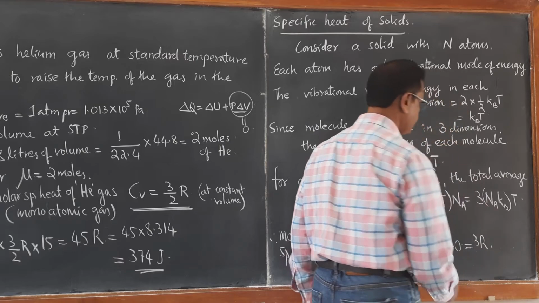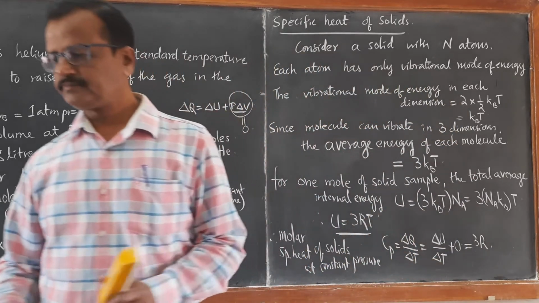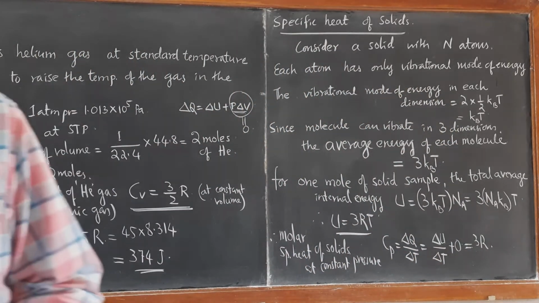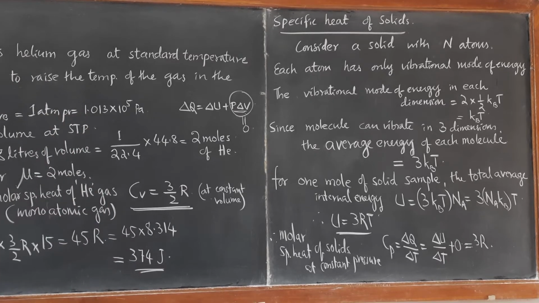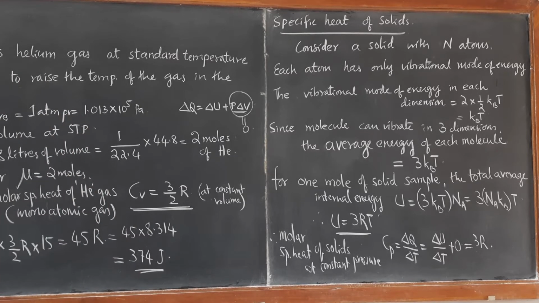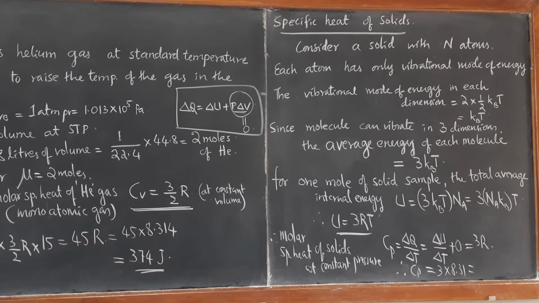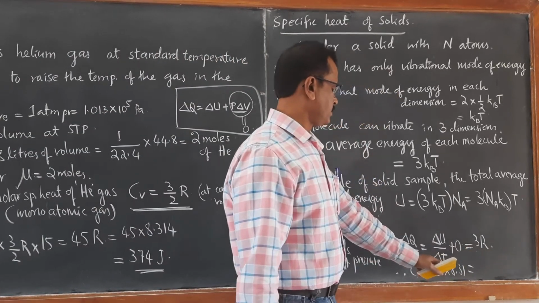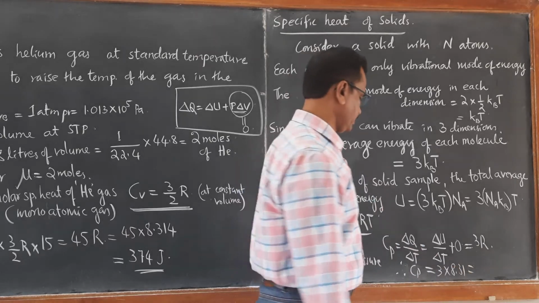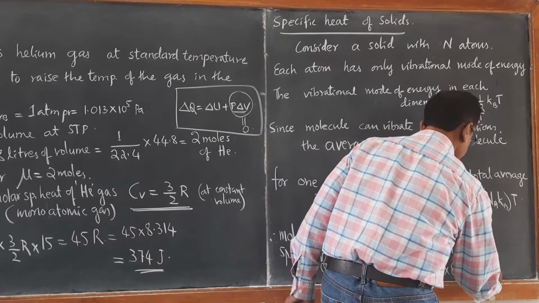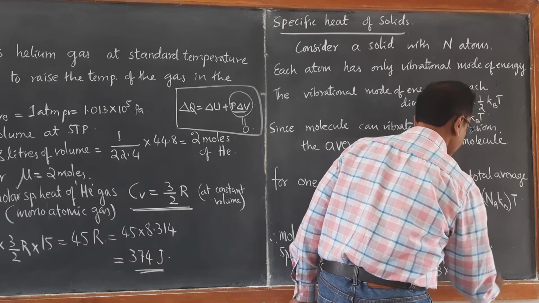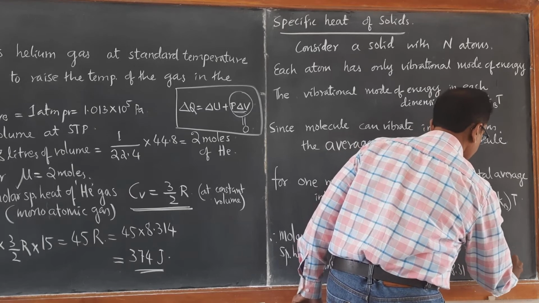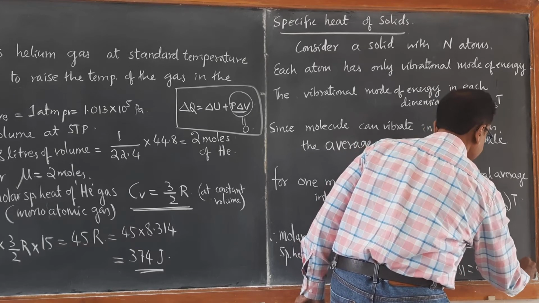So if you multiply 3 with the gas constant, 8.314, it comes out to be almost 24.9. You can take it as 25 joule per mole per Kelvin.